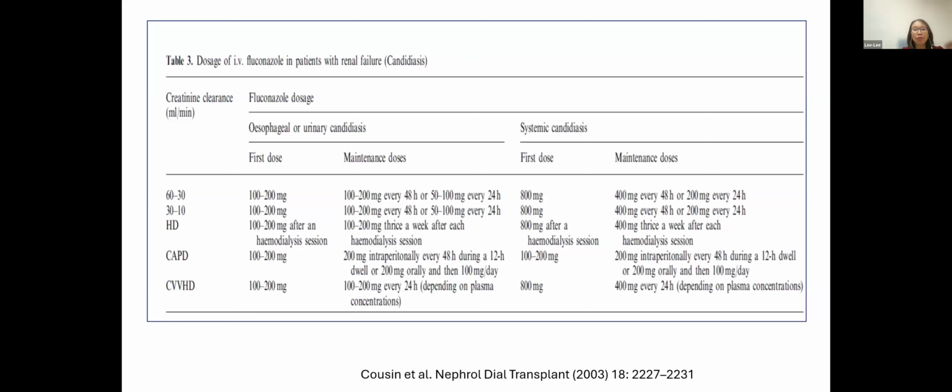So this is taken from the Nephrotransplant Journal. It mentions here, if you're using fluconazole to treat systemic candidiasis, we need a loading dose of 800 milligrams, followed by the maintenance dose, whereby the maintenance dose you have to calculate based on the eGFR or the creatinine clearance, or depending on the type of dialysis.